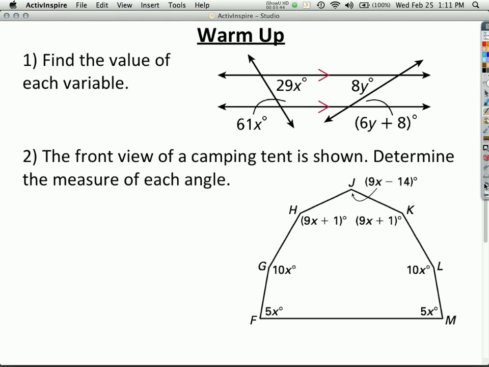Number one, I would like the values of x and y. When I call your name, you give me both of them. All right, I got student number 21 and student number 6. Student number 21.